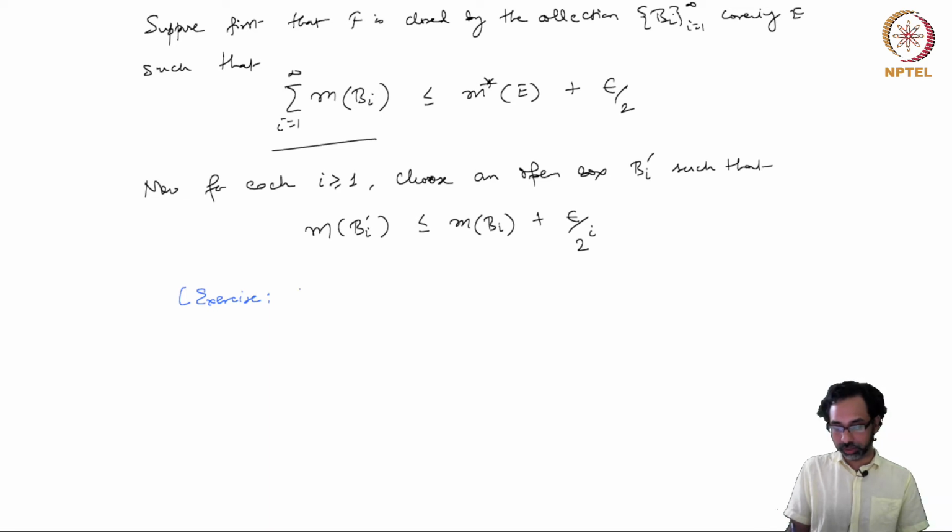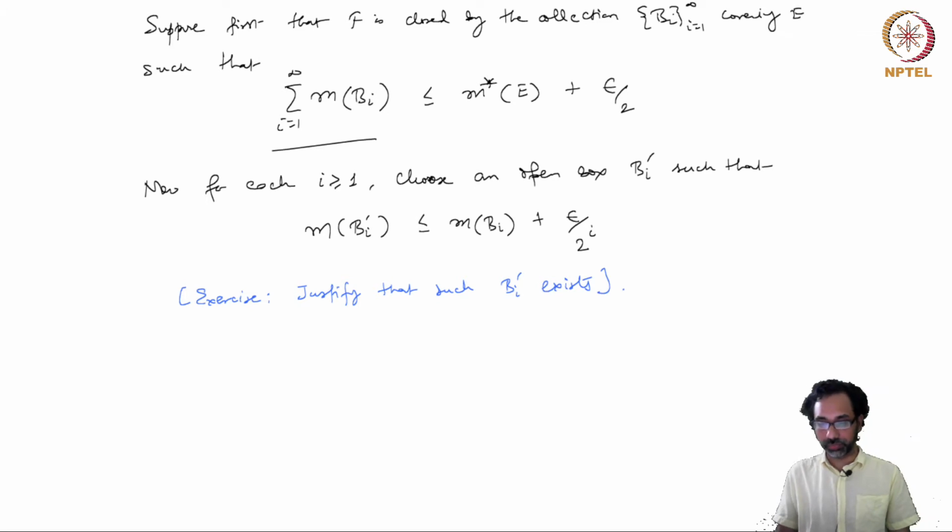Exercise: justify that such Bi prime exists. So here it's a matter of enlarging the box Bi such that the volume of the enlarged open box Bi prime is very close to the original volume of the original box Bi, up to some epsilon.